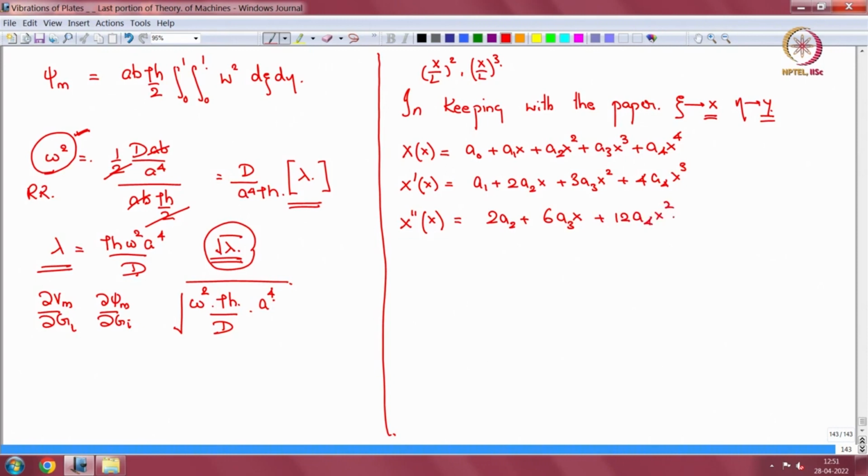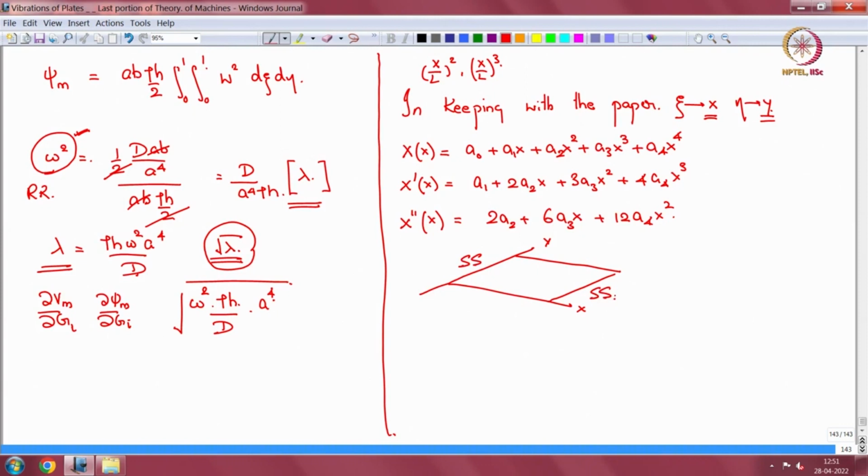Now, if my plate is like this, this is x, that is y, then at the edges of x, let us say I am going to take a simply supported plate.